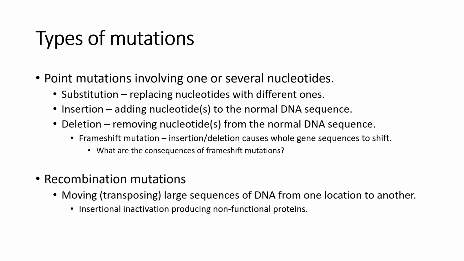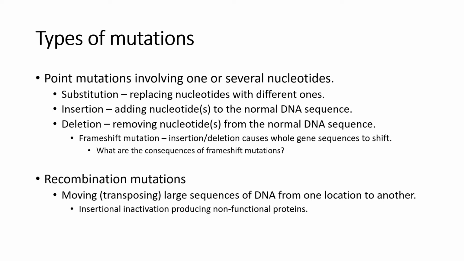That number 3 is really important because we know that there are 3 nucleotides in the codons of mRNA. So if we add or remove any non-multiple of 3 nucleotides, it causes a shift in the reading frame, what's called the reading frame of the RNA polymerase. And I can show you some examples of this shortly.